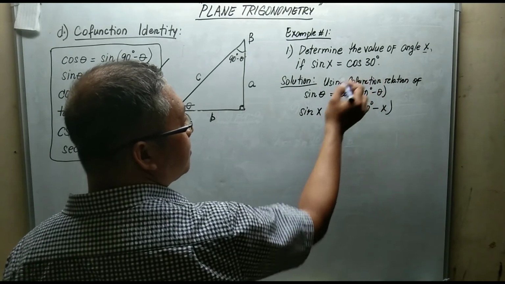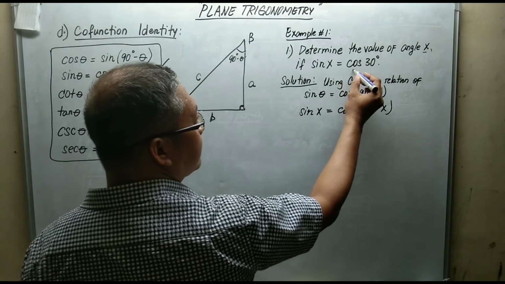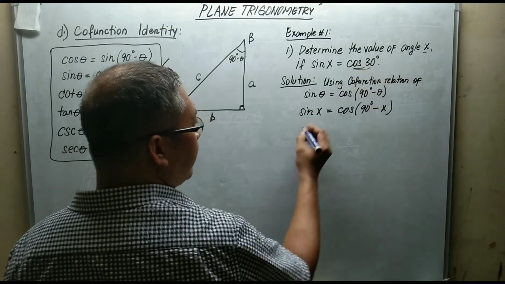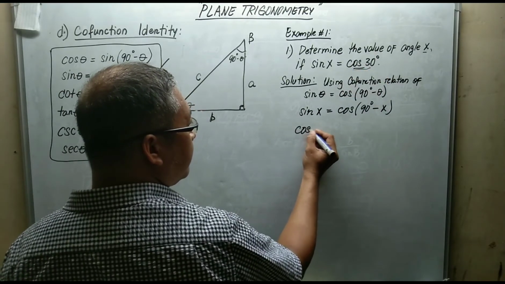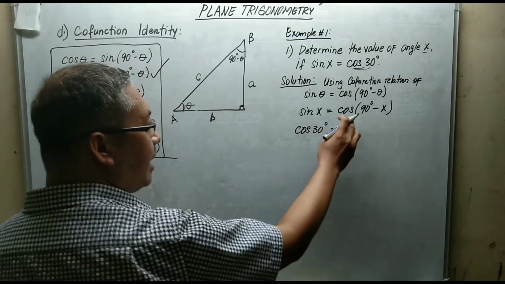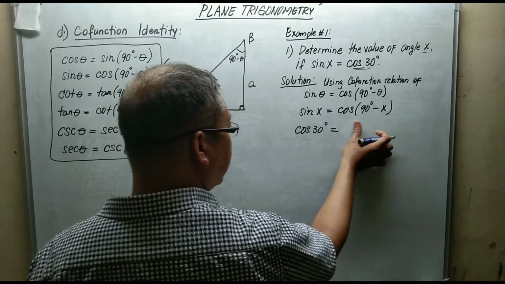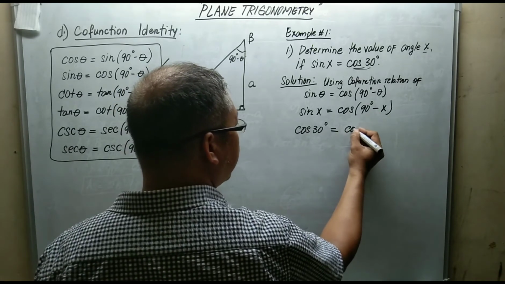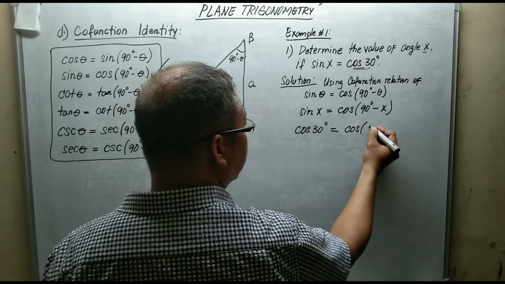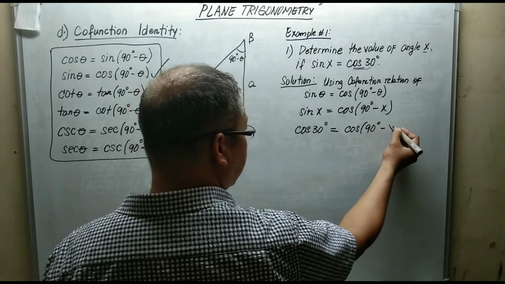So write cosine 30 degrees is equal to, copy this one, cosine 90 degrees minus x.